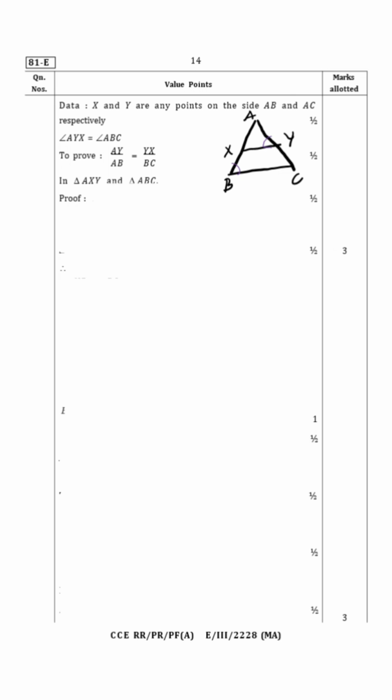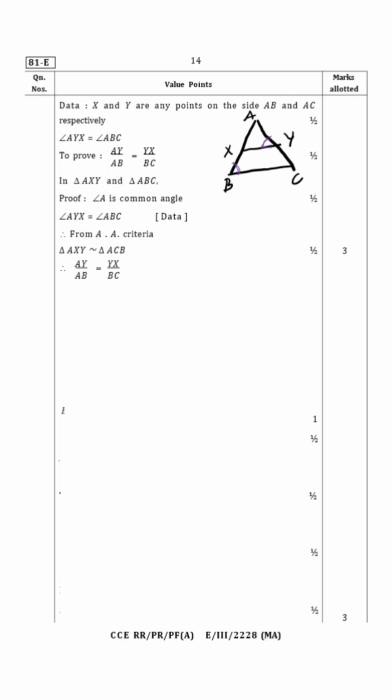In triangle AXY, observe the figure, and triangle ABC, angle A is common, and angle Y, observe the figure, it is given, is equal to angle B. Because it is given, triangle AXY is similar to triangle ABC because of the angle criterion.